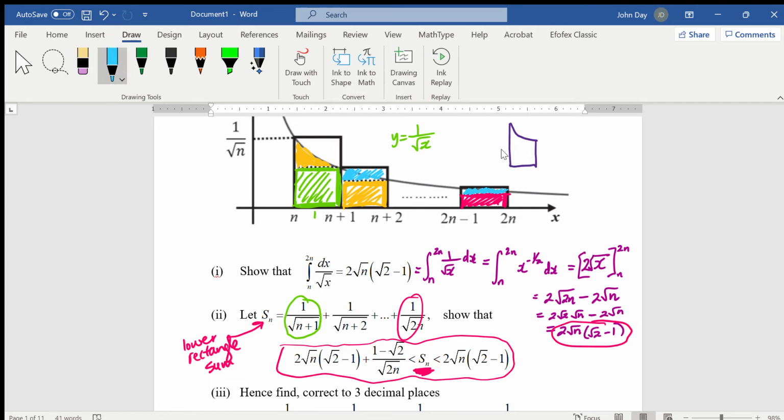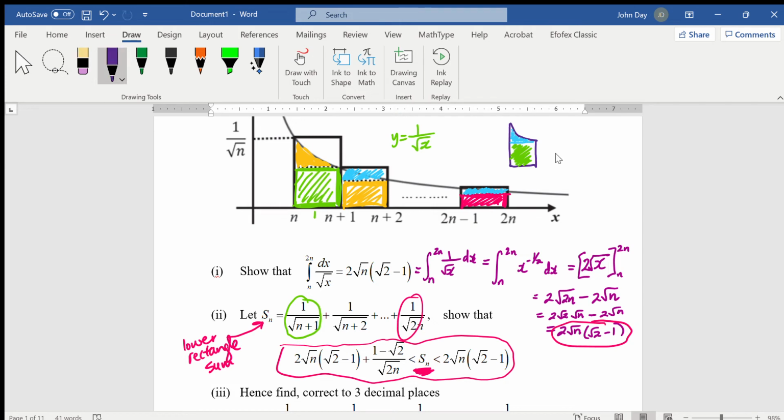If we take this extra bit here that's above the actual area and subtract it from the area of the whole strip, we'll end up with what I'm colouring in green. The whole strip area minus that little bit would be what's in green.